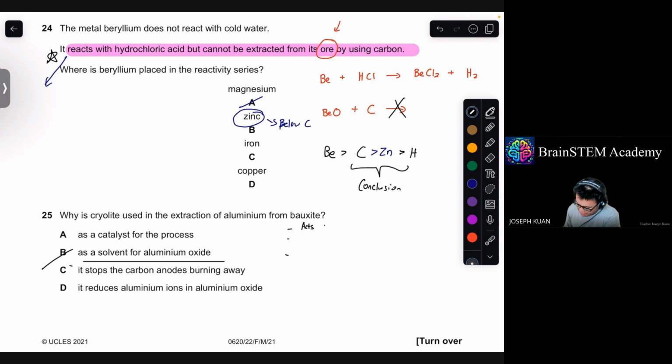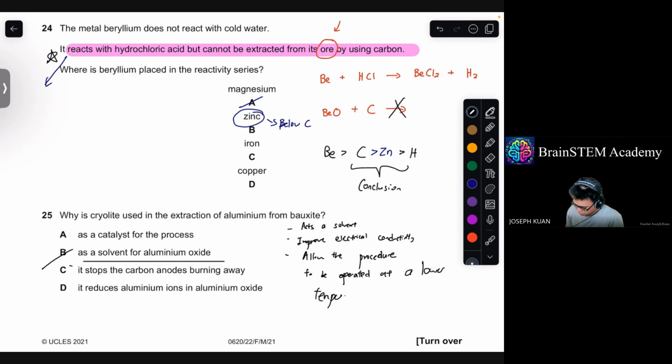And in that process, it helps to improve electrical conductivity, as well as allowing the process to be operated at a lower temperature. All right, so the best answer is B.